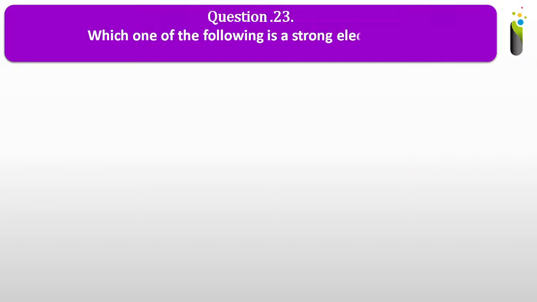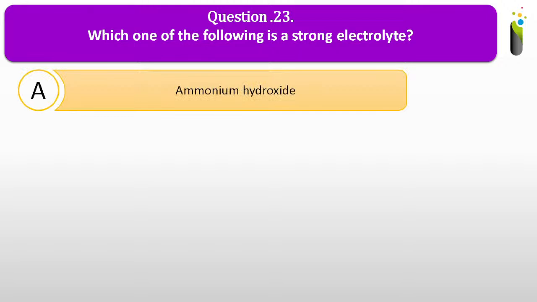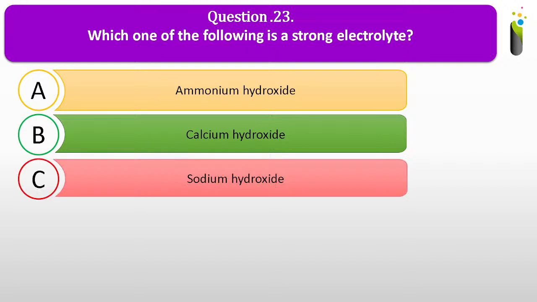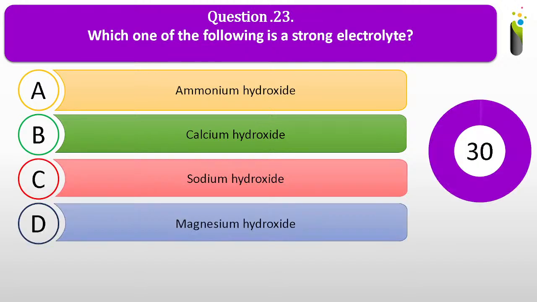Coming to the next question, number 23. Which one of the following is a strong electrolyte? A. Ammonium hydroxide. B. Calcium hydroxide. C. Sodium hydroxide. D. Magnesium hydroxide.